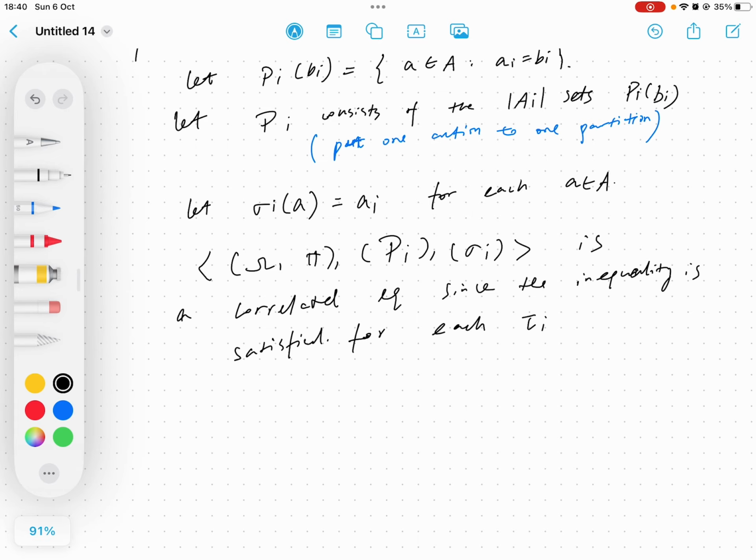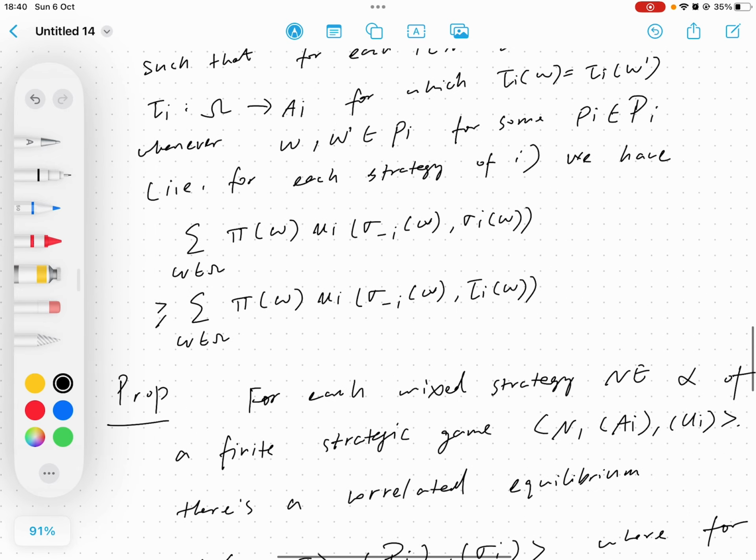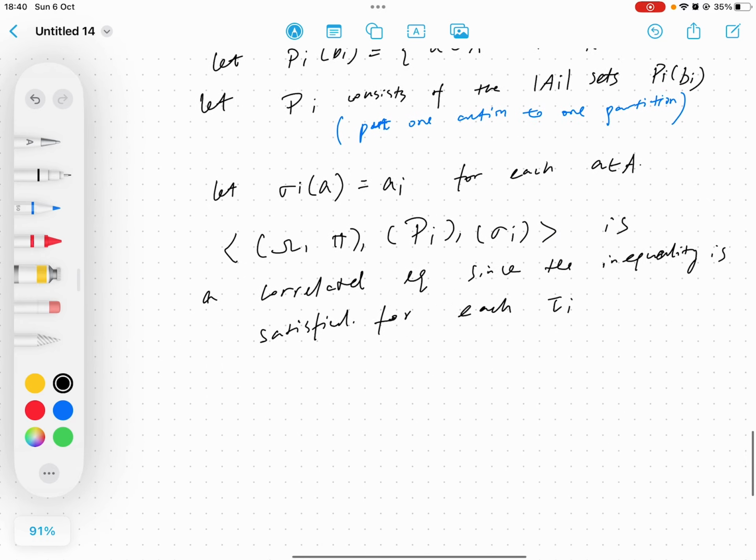The left hand side of that inequality is player i's payoff in the mixed strategy Nash equilibrium alpha, and the right hand side is the payoff when this player is using the mixed strategy where the player chooses some deviated action tau with probability alpha. So that's essentially the proof of this.